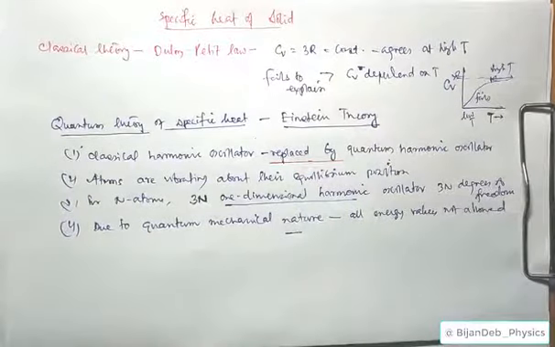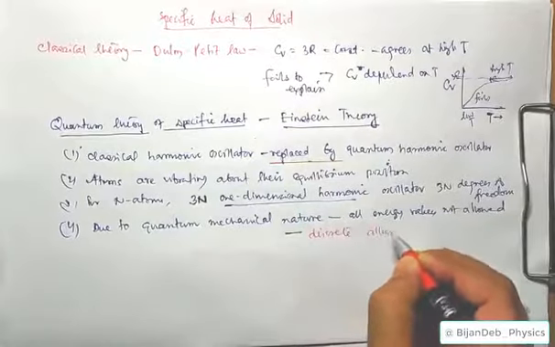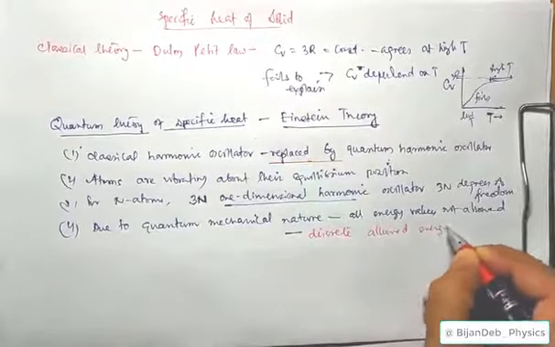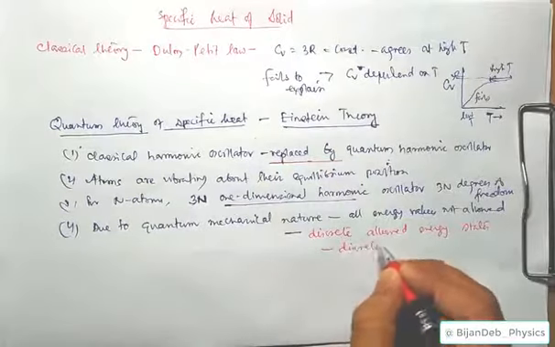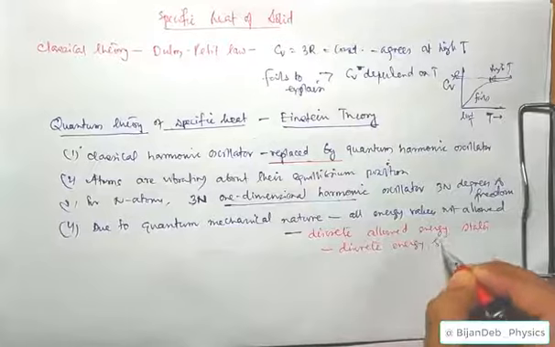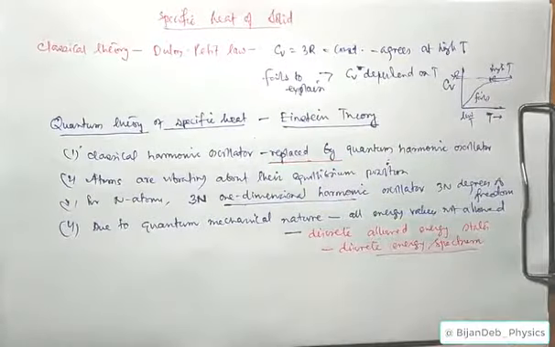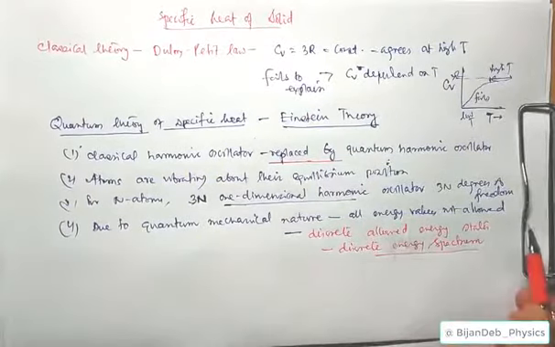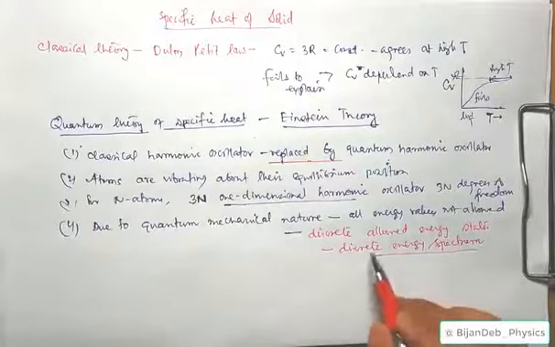So here we have discrete allowed energy states, or we can say a discrete energy spectrum. This is the quantum phenomenon, that energy is discrete. In the classical case, we consider continuous allowed values, 0 to infinity, any value, but here the oscillator can vibrate with a certain fixed or discrete frequency.